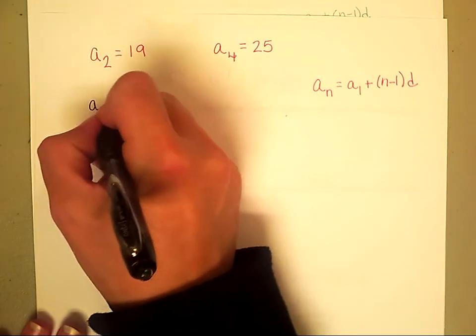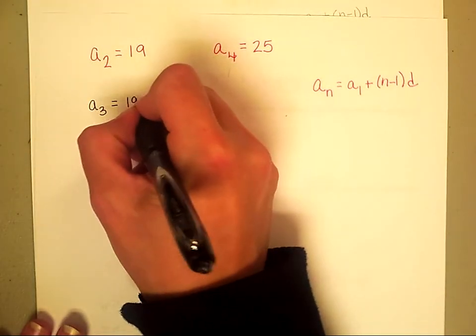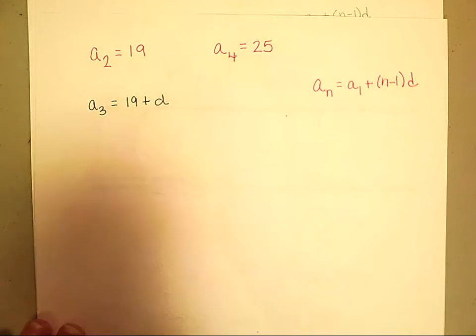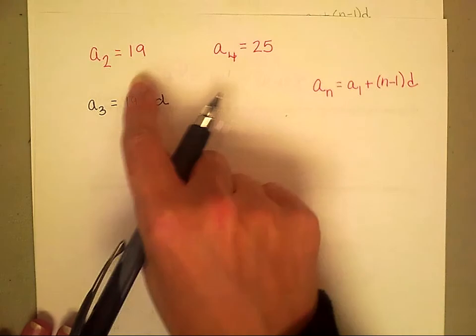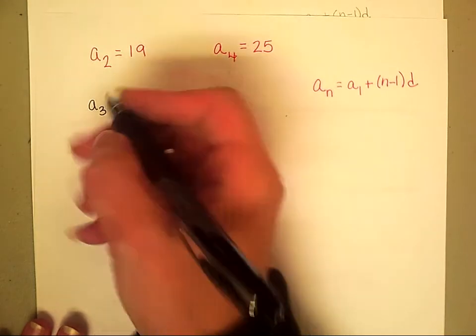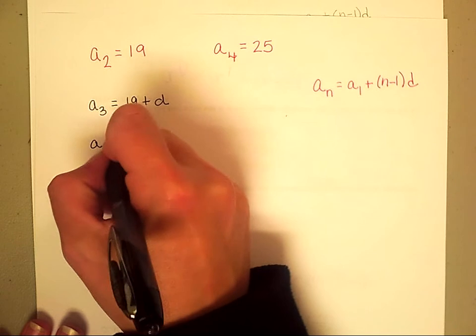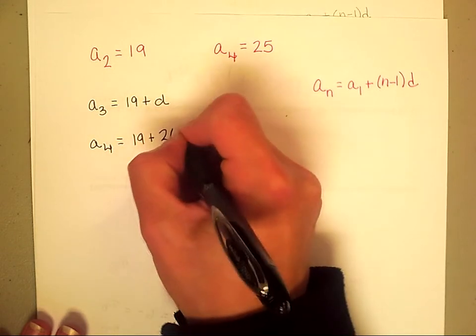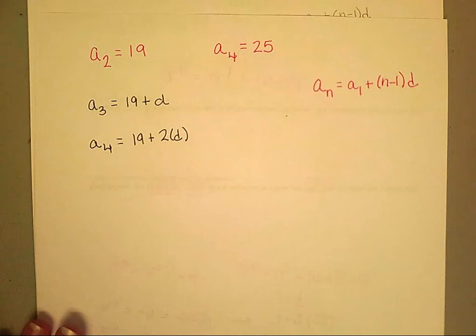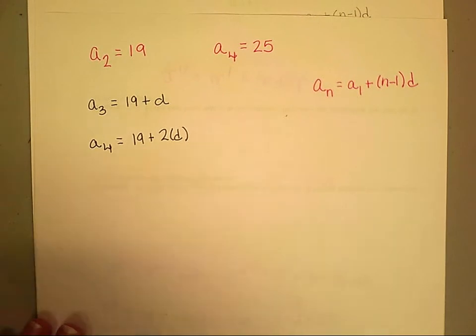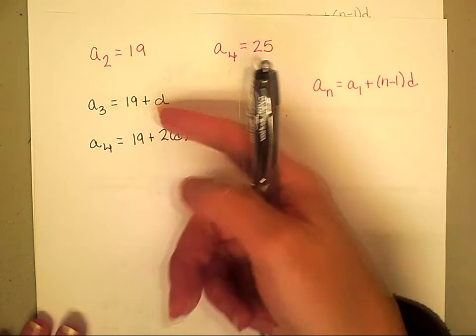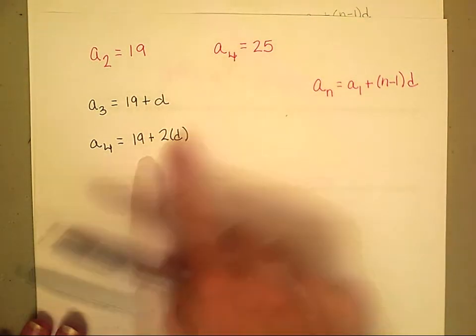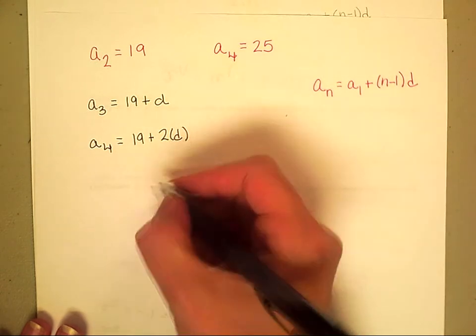Well, I don't know much right now, but I know this. I know a sub 3 would have to be 19 plus the common difference, whatever that would be. So the previous one plus the common difference. And the fourth one would have to be 19 plus 2 times the common difference. But luckily I know what a sub 4 is.